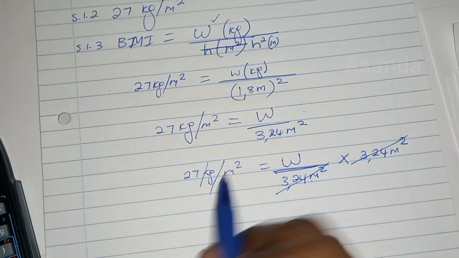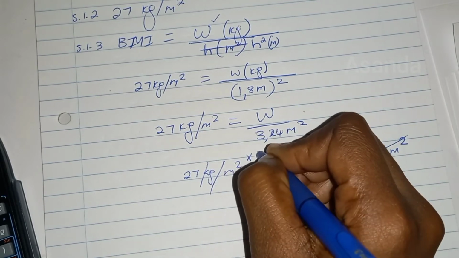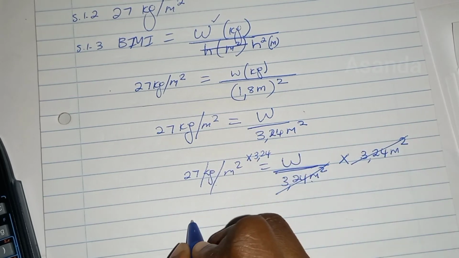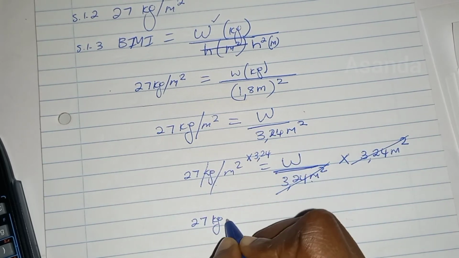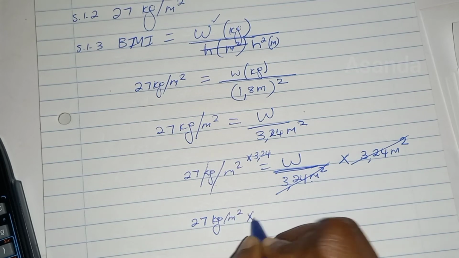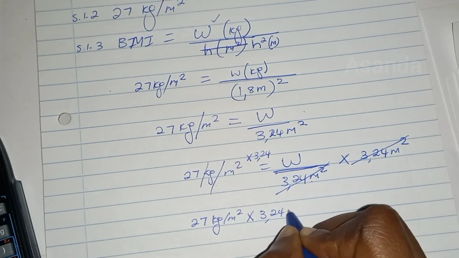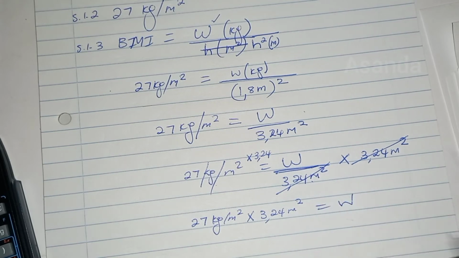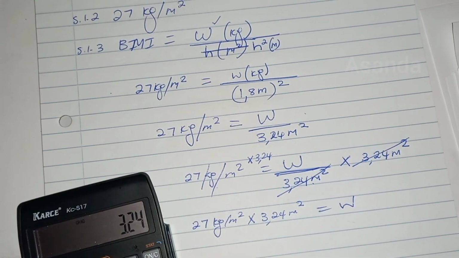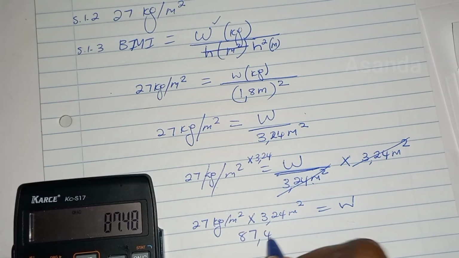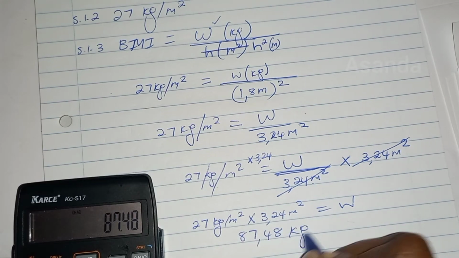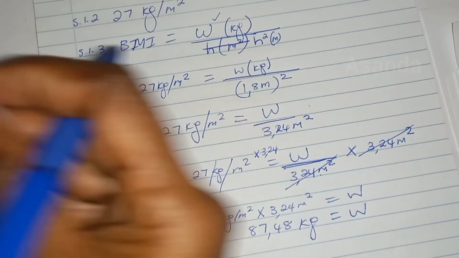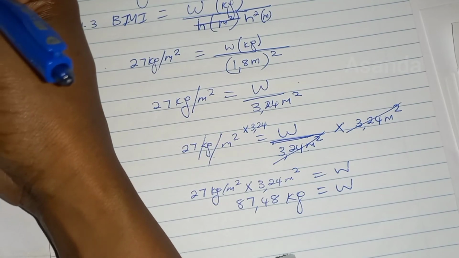So I also multiply this side by 3.24. It's actually 27 kilograms per meter squared multiplied by 3.24 meters squared, which is equal to the weight. The answer is 87.48 kilograms. So that'll be the maximum weight for a kid who's 1.8 meters tall.